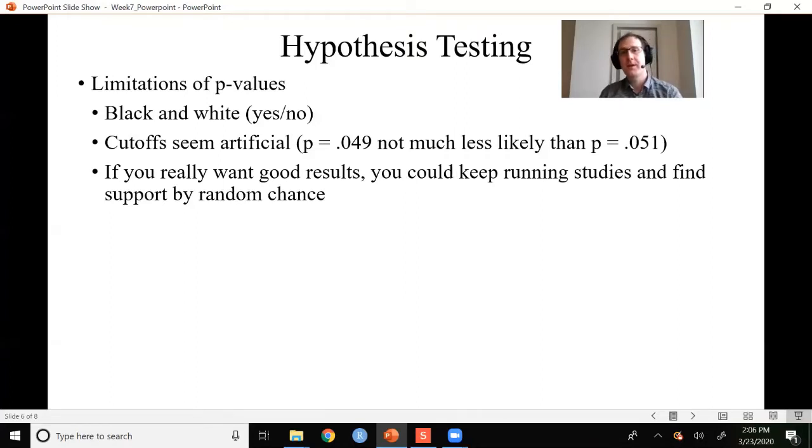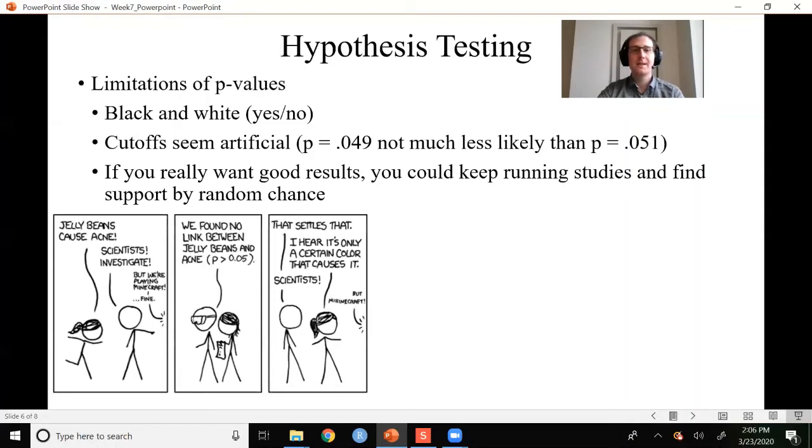Another limitation to relying completely on those p-values is this is basically the idea that if the null hypothesis were correct, you'd only get values that extreme 5% of the time, which seems like pretty good. 95% of the time, if there's nothing going on, you wouldn't find anything. So that seems pretty safe.